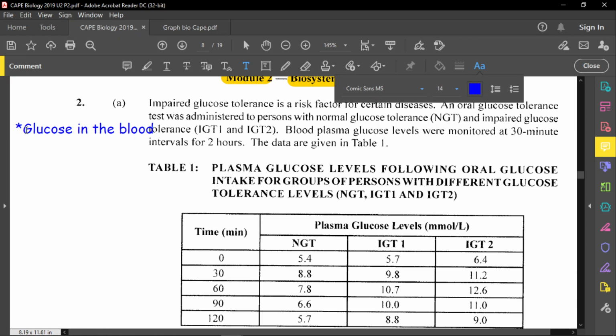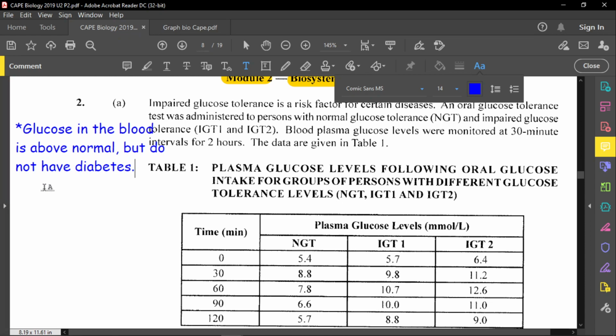The glucose in the blood is above normal, but the person does not have diabetes, okay? So that's to make a note of that.